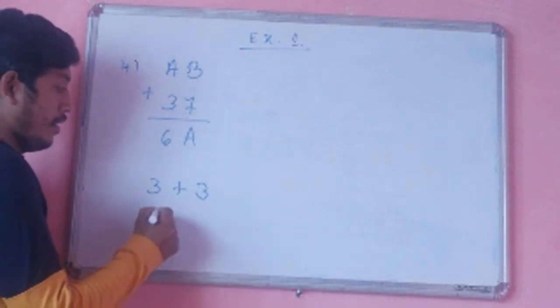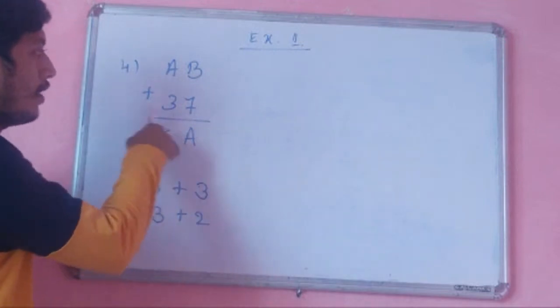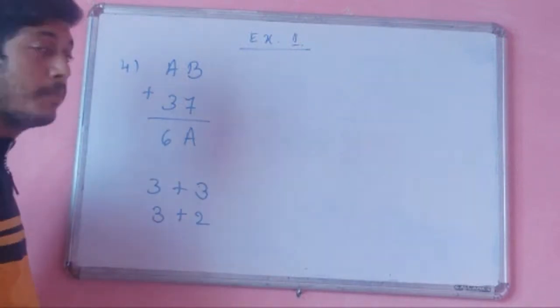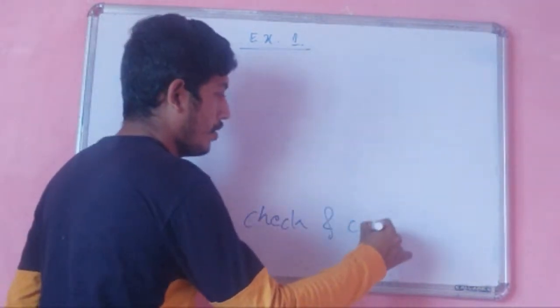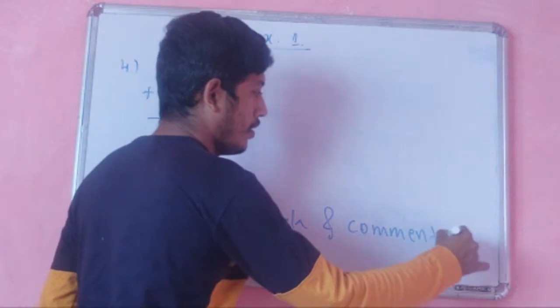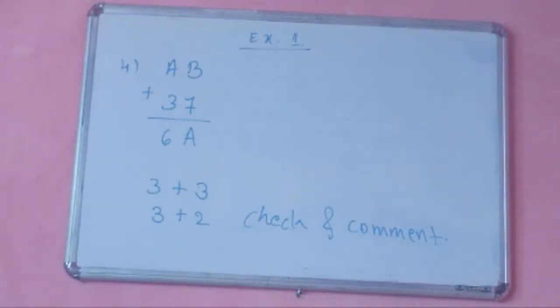Otherwise, for 3, if 1 comes in the carry, then also it becomes 6. Just find out. Check and comment, or any other values. First comment your answers, which value you have to substitute in the place of A and B.